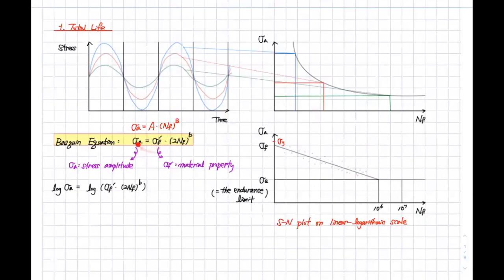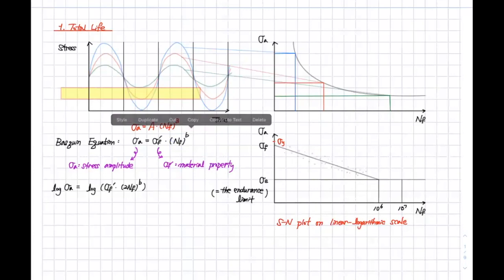So some people say the Basquin law, rather than 2 times N_f, just writes N_f. So don't be confused. At this point, I will just derive without the 2. I think you understand why: if there's a 2, the derivation is a little hard, but you will understand it's not a big difference. It's just calculations.